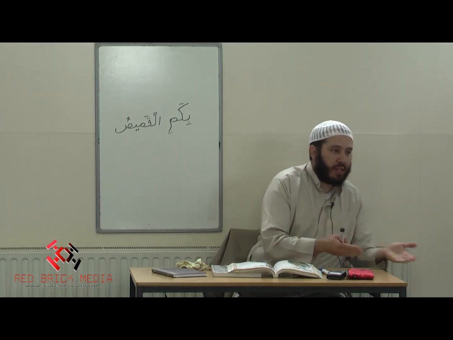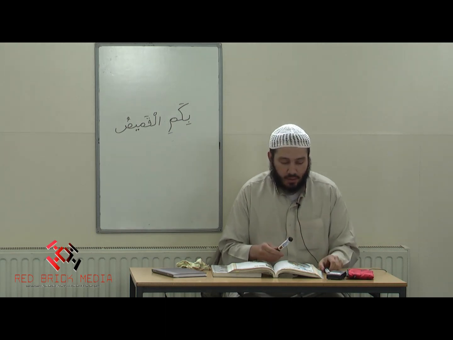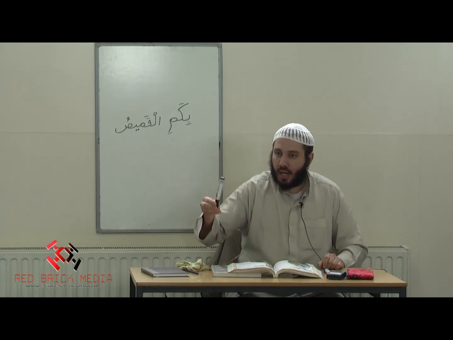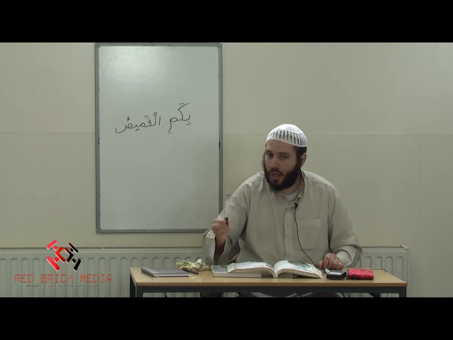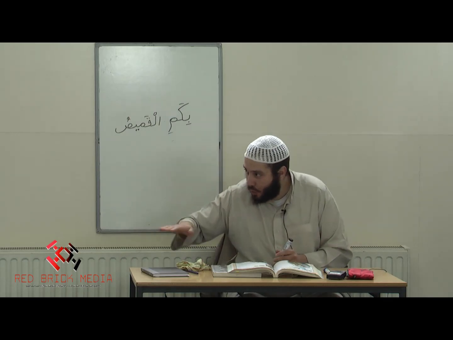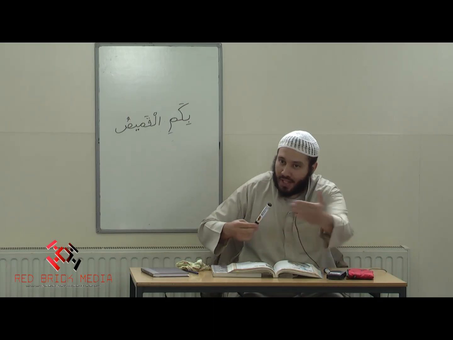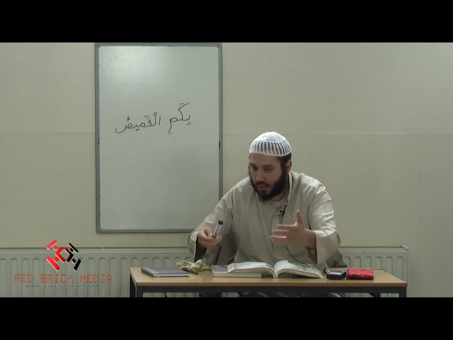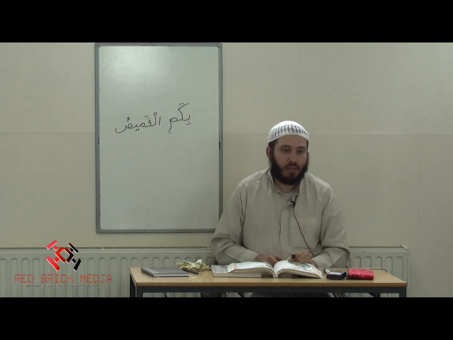What's wrong with it? Big, small, beautiful? How do you say this is the pen? هذا هو القلم. But if you remove the huwa, it's هذا القلم, this pen, but the sentence is not finished. What do you want to say about the pen? You understand? Okay, brothers?